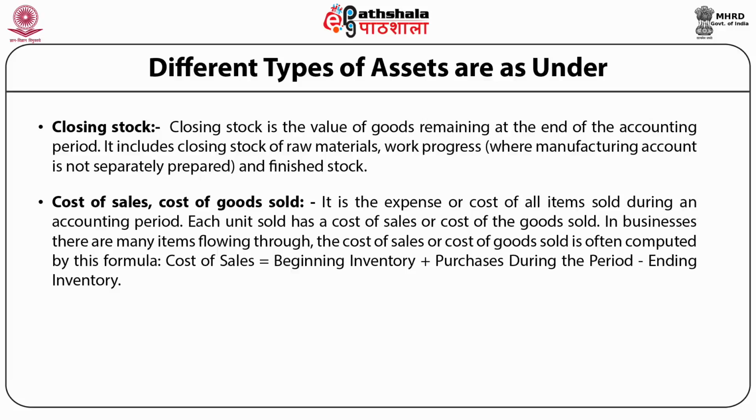The cost of sales or cost of goods sold is often computed by the formula. The formula is cost of sales is equal to beginning inventory plus purchases during the period minus ending inventory.